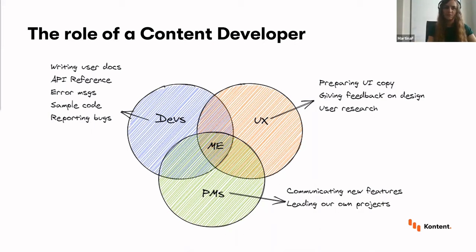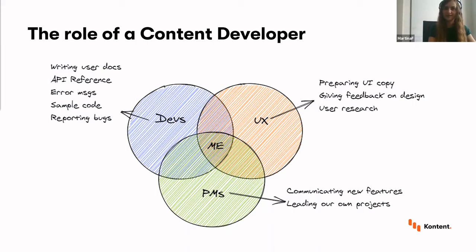But as you can see from the diagram, that's just one part of things, the blue circle. On top of that, we're also working closely with our UX designers when creating UI copy for the design and giving them feedback while doing so. It's also not uncommon to do some research along the way, being on both sides of it, either being interviewed or doing your own research.